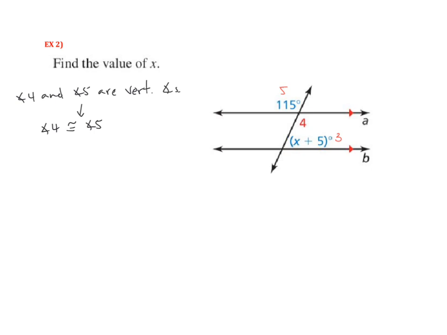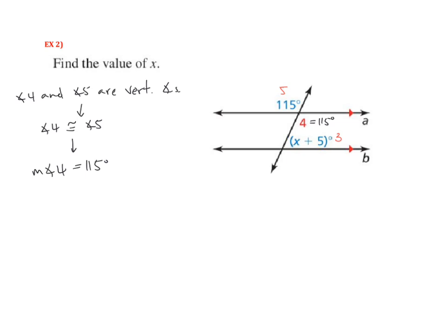Their measures are equal, they are congruent. And so because the measure of angle 5 is 115 degrees, the measure of angle 4 also has to be 115 degrees. That takes care of the relationship between angle 4 and angle 5.